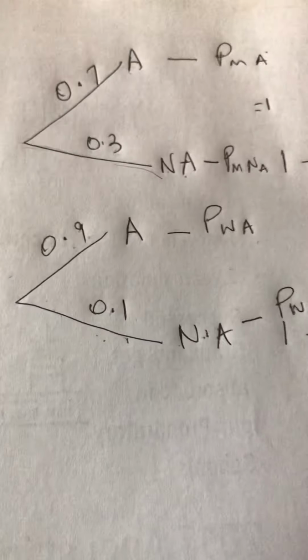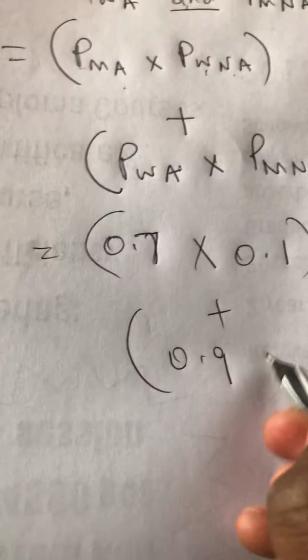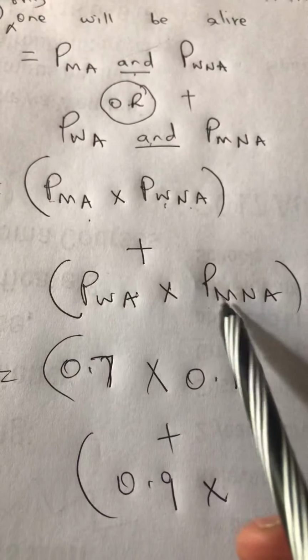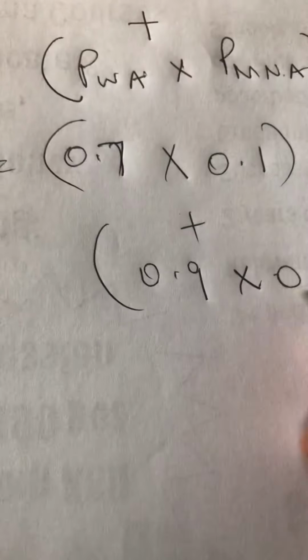Add probability woman alive, which is 0.9, multiplied by the probability man not alive, which is 0.3. And you are done.